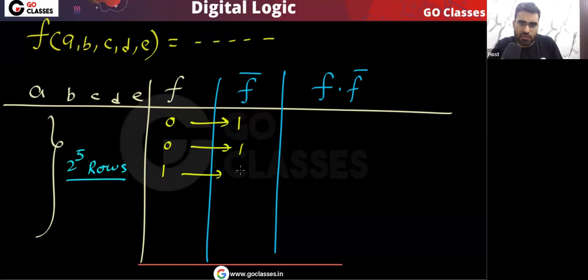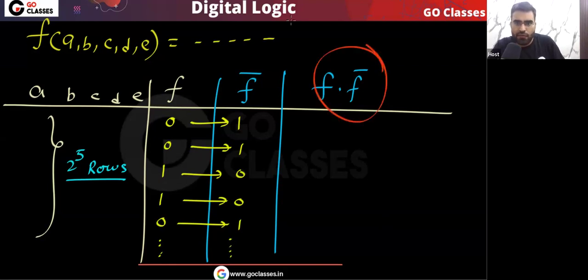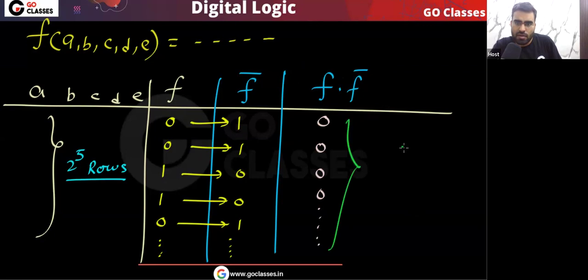If this is 1, this will be 0, and so on. Ultimately, f and f bar will be all 0. Very simple point: whatever f you take, f and f bar will always be 0. Is this clear? Whatever f you take, f and f bar will always be 0 for all f.